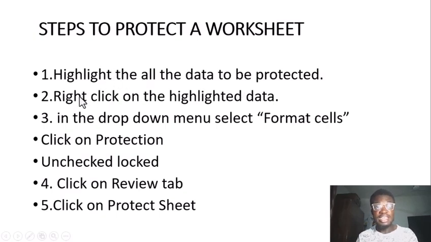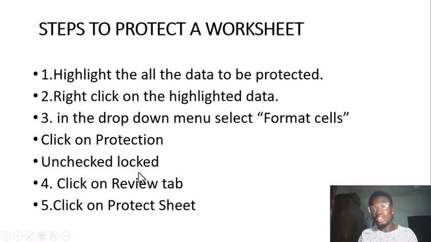After highlighting, right-click on the highlighted data. A drop-down menu will appear. Select Format Cells. After selecting Format Cells, click on Protection. When you click on Protection, you uncheck Lock.